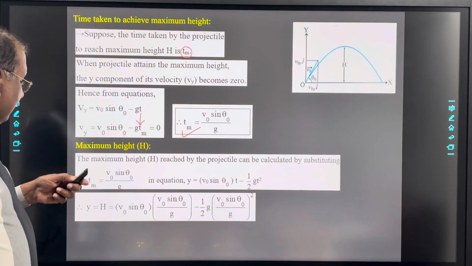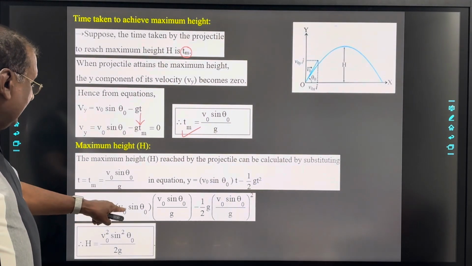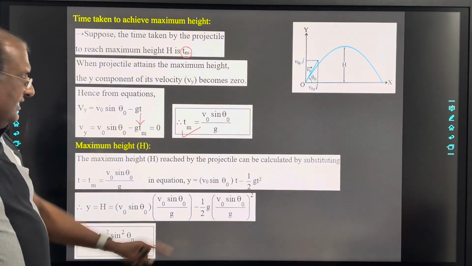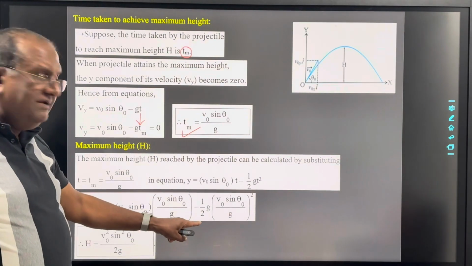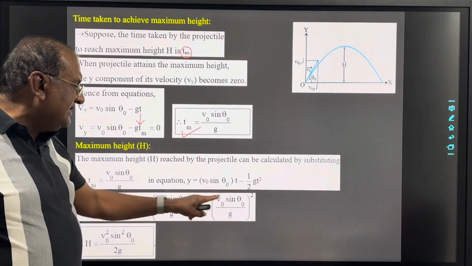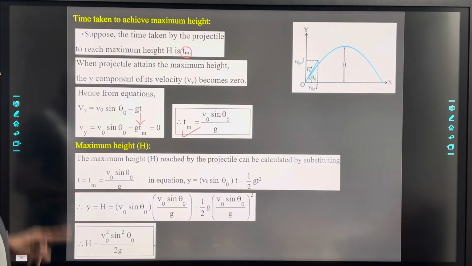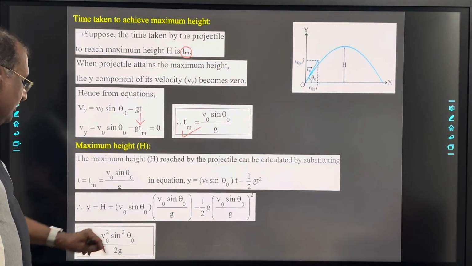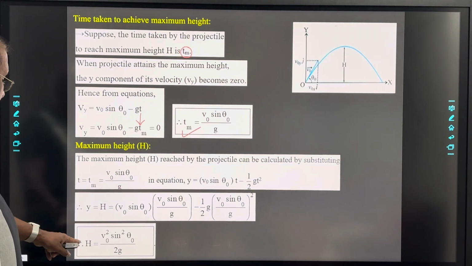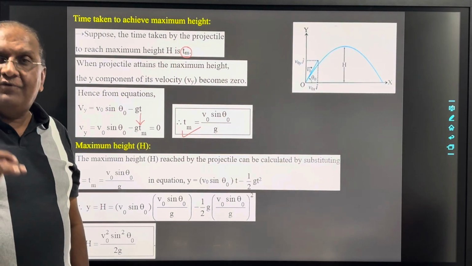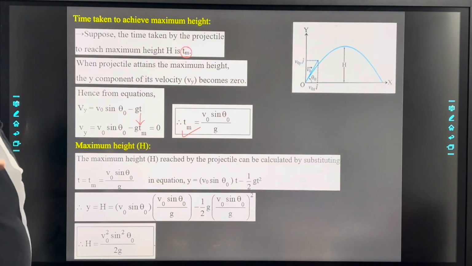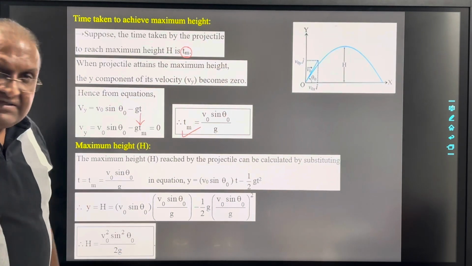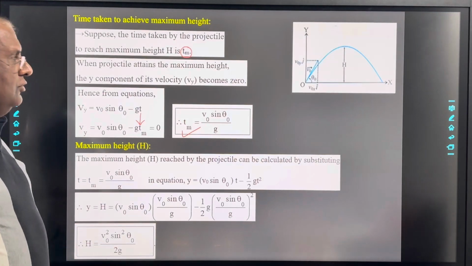So here we have 1 times V0 square sin square theta0 by g minus half times V0 square sin square theta0 by g. So resultantly we will get half times V0 square sin square theta0 by g, or we can say the equation for the maximum height attained is V0 square sin square theta0 upon 2g.